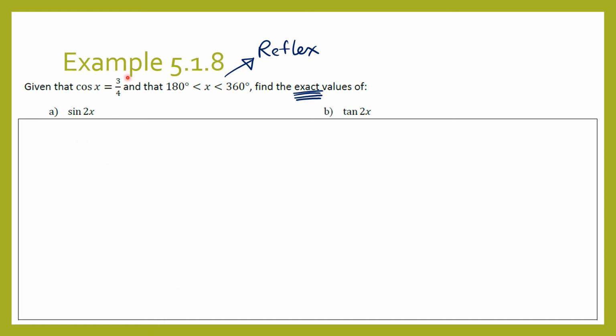First up, what we're not going to do is inverse cos of 3/4 to get x and then substitute it into part A and part B. First reason we're not going to do that is I've tried it on the calculator and it doesn't give you an exact answer. It gives you a never-ending decimal.